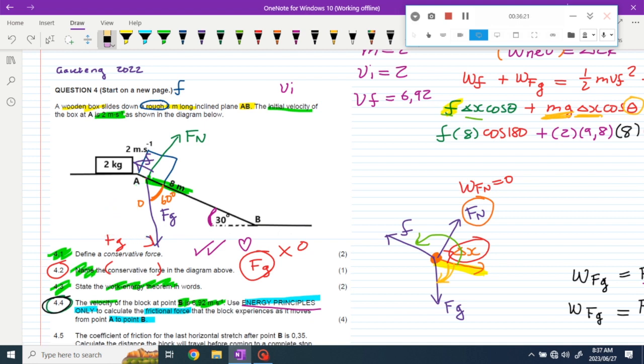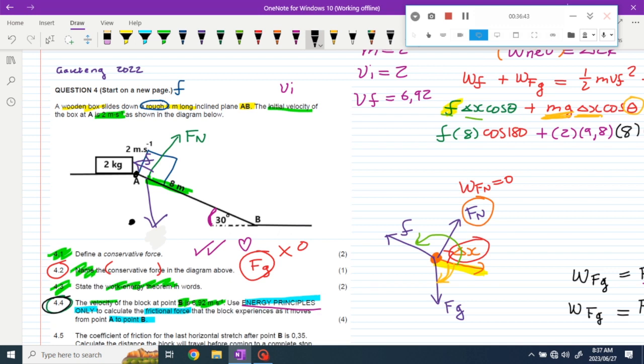If I want to use Fg, and I want to make use of the height, when this object moves down, when it goes from there to there, it moves through a height. It starts there and it ends up on the ground.